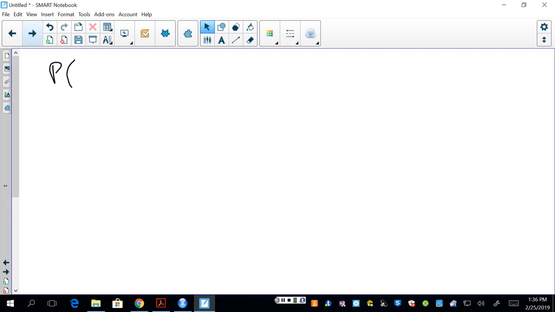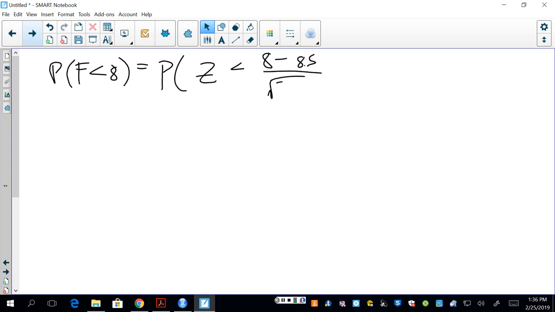So the probability that a female survives less than 8 days: we have to z-score, right? So calculate the z-score. For 8 days, they had an average of 8.5 and a standard deviation of the square root of 3.6. So what is that number?